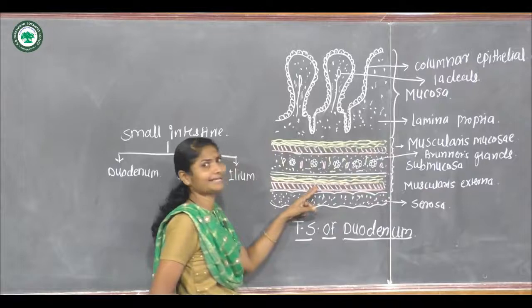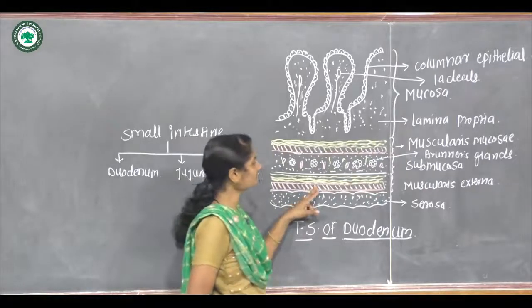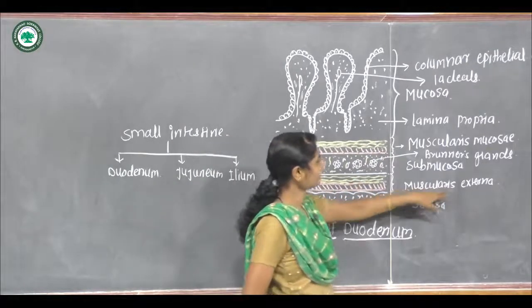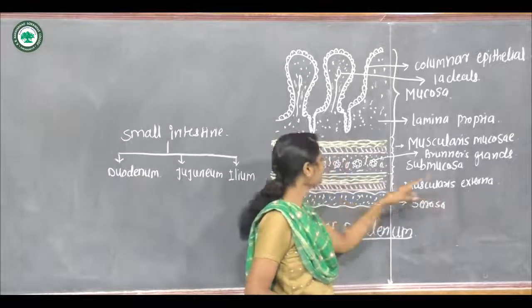These circular and longitudinal muscles form the muscularis externa layer.